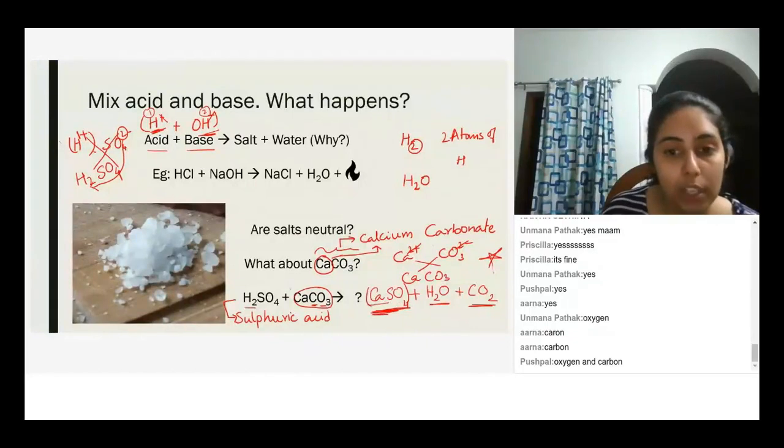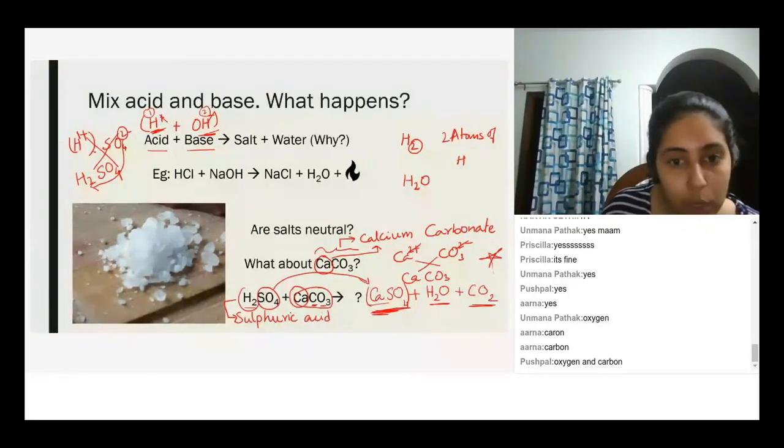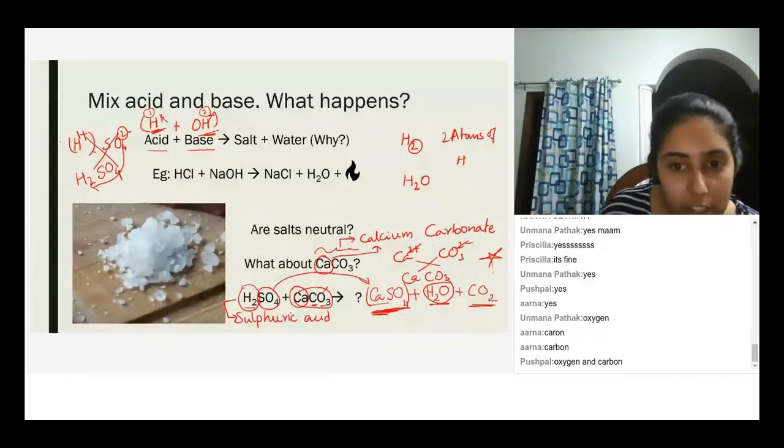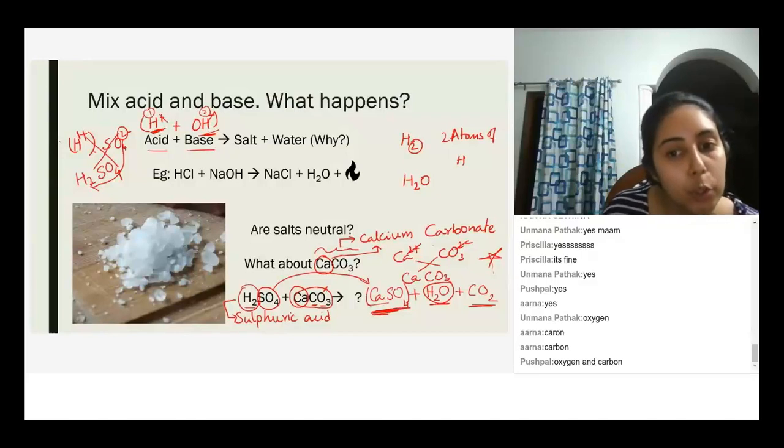Remember how this salt is formed? I am going to take this part, Ca and SO4. These two combine to form this salt. I take this H2 and I take one oxygen from here, so that gives me H2O. If I have taken away one oxygen, I am left with two more oxygens because totally there are 3 oxygens.